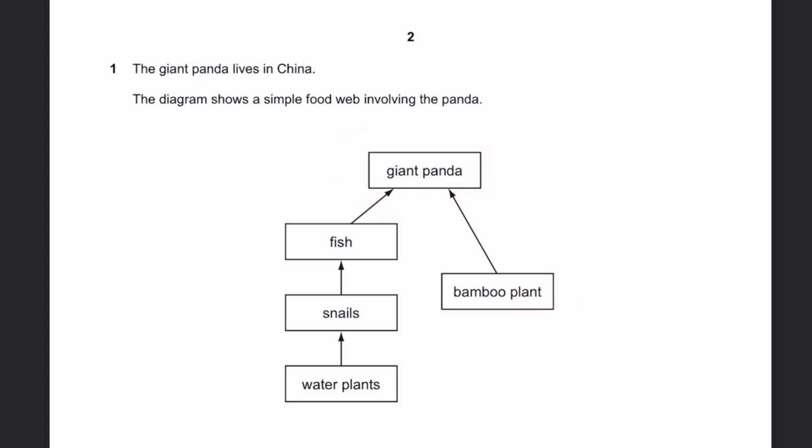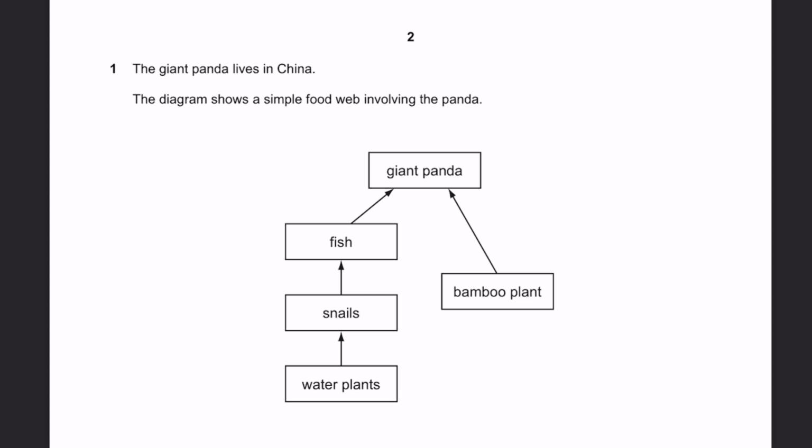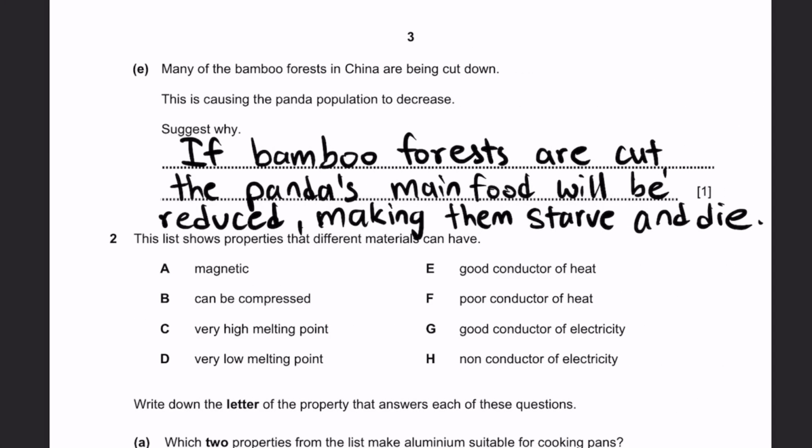And there will be fish. But then giant panda mainly eats bamboo plants. And if the supply of bamboo plants is cut down, or if the bamboo forests are cut down, the panda's main food will be reduced, and of course making them starve and die. That's why it can decrease the population.